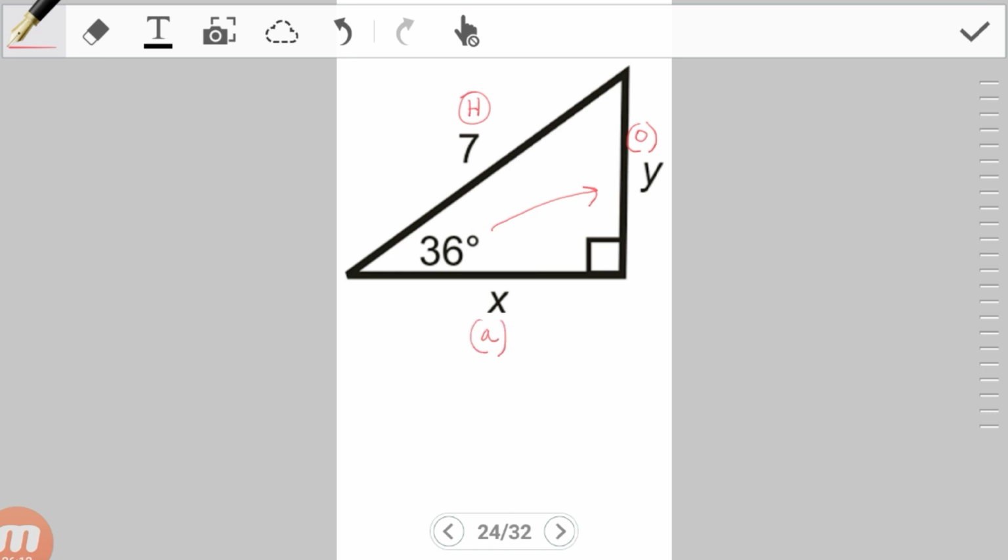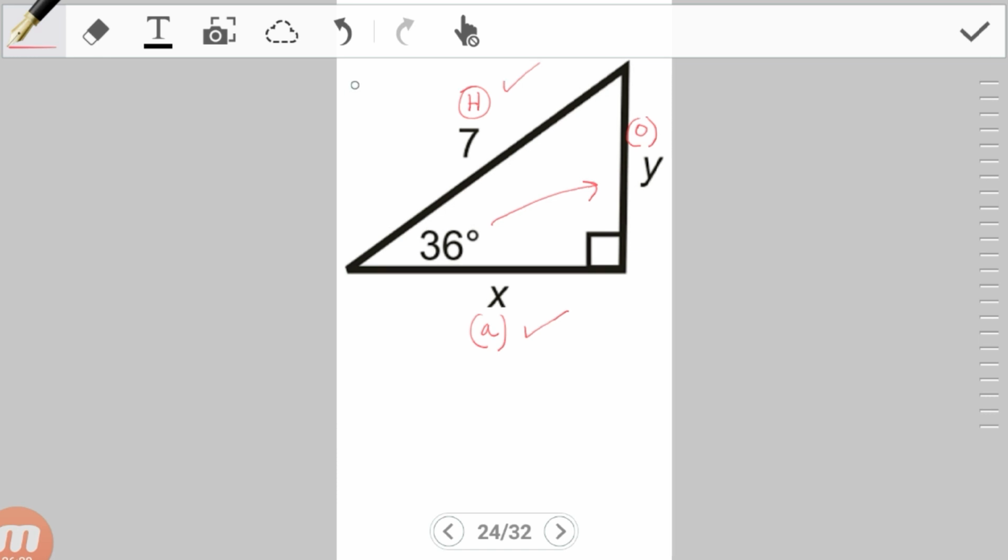So therefore, if that is the case, then we're looking for A and we are provided with H. According to SOH CAH TOA, then we are going to find that the CAH ratio is going to come into play, because that ratio deals with the adjacent and the hypotenuse simultaneously.